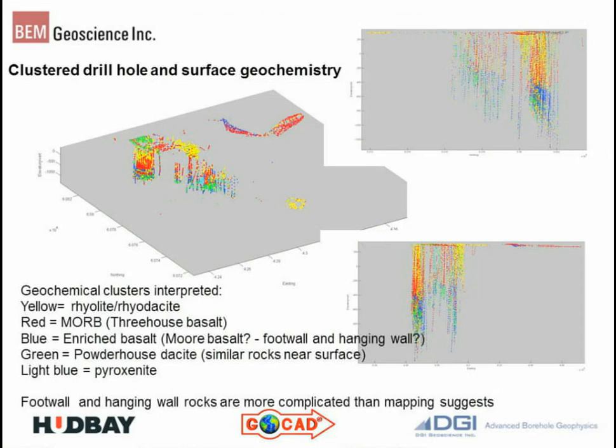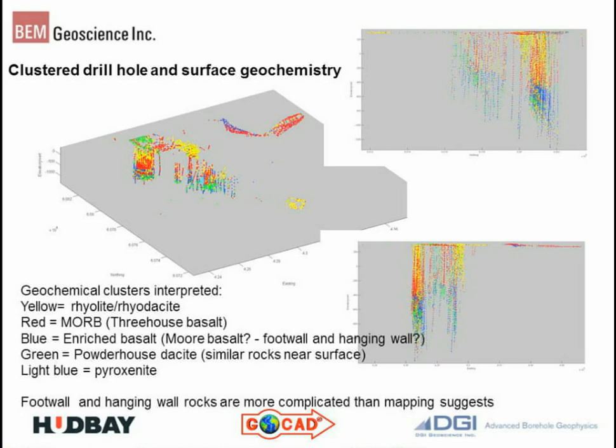So this is the downhole geochemical clustering data, and you can see that it has a sort of geological look to it. Some of the things he noted in his interpretations of this data: the yellow colors are representing rhyolites and rhyodacite. The red has a MORB signature, and is probably the Three House basalt.